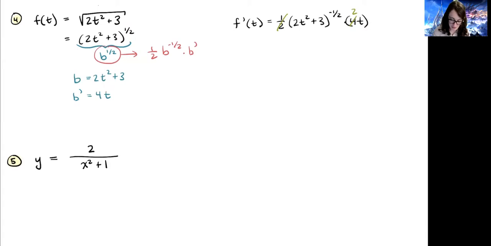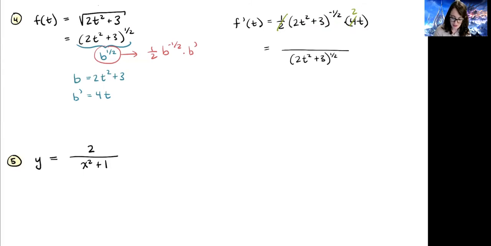So if we're going to rewrite this without a negative exponent, the stuff that's raised to the negative power, the 2t squared plus 3 to the negative 1/2, all that stuff can go down to the denominator. And instead of negative 1/2, it'll have a positive 1/2 power.